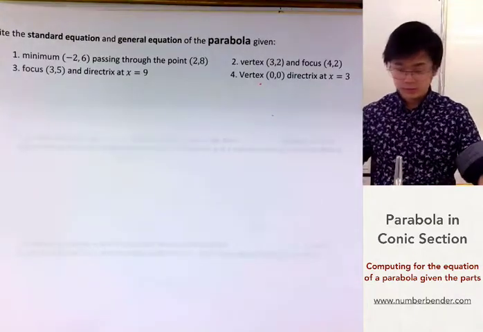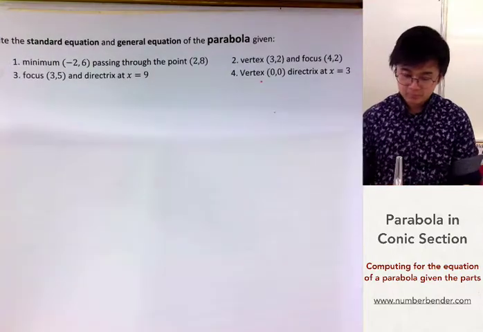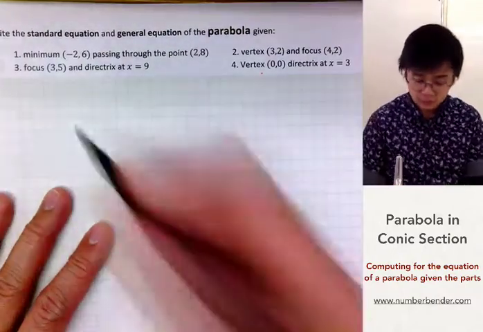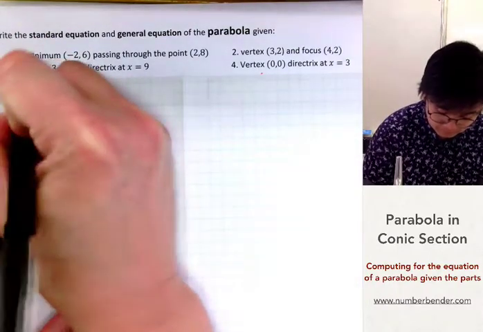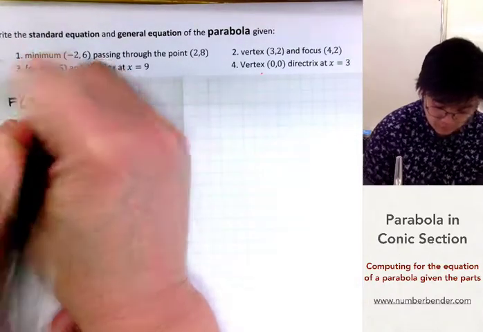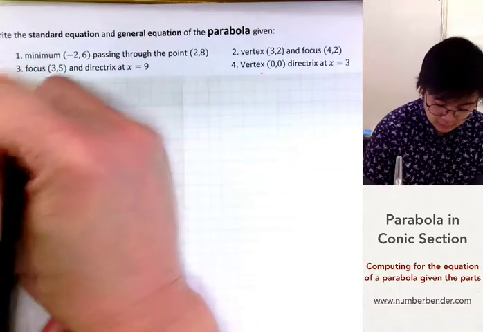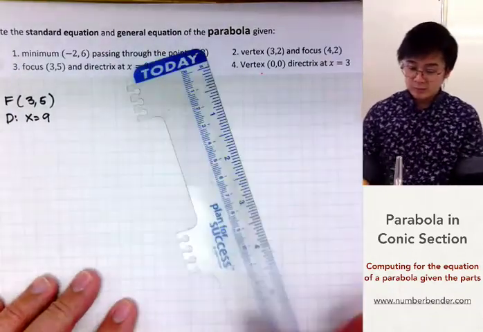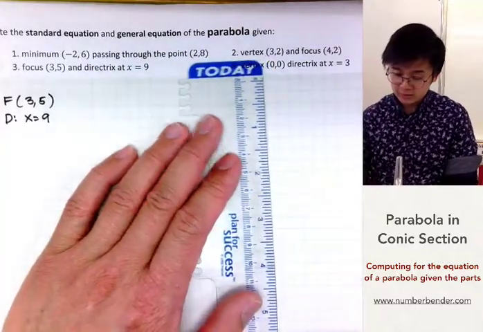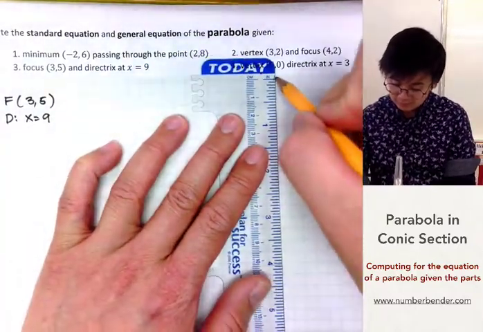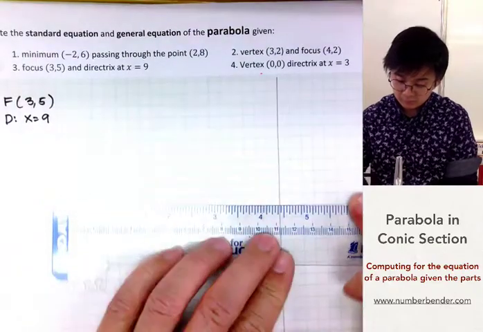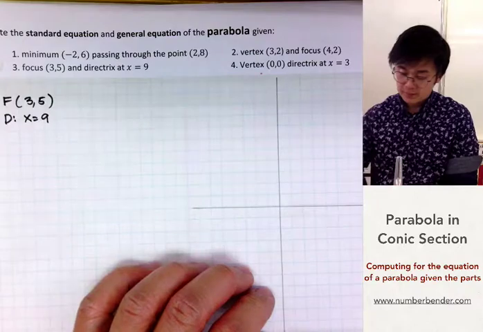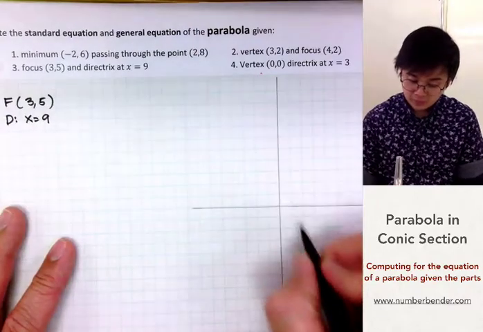Now for problem number 3, we are given the focus at 3, 5 and directrix at x equal to 9. Just like what we did on the previous examples, we're going to sketch the graph of the given information.